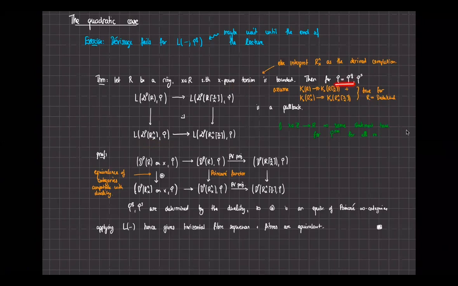Then for kappa equal to the quadratic or the symmetric structure, the following square is a pullback diagram in spectra. Namely, you can take the kappa L theory of R, that of R adjoin 1 over x, that of the x-completion of R, and that of the ring where you first complete at x and then invert x.